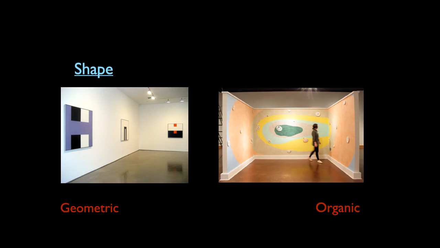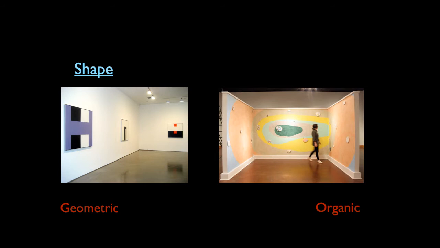Often shape is divided into two categories, each with all sorts of associations, sometimes societal, possibly biological, evolutionary. Geometric shapes are usually hard, precise, edged, often straight lines or a very controlled curve, like a perfect circle.